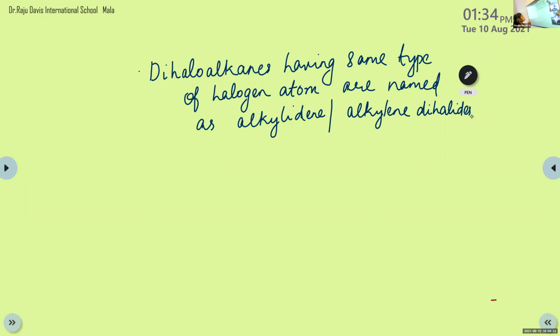That means if chlorine is present in both carbon atoms, they are known as alkylidene or alkylene dihalides.